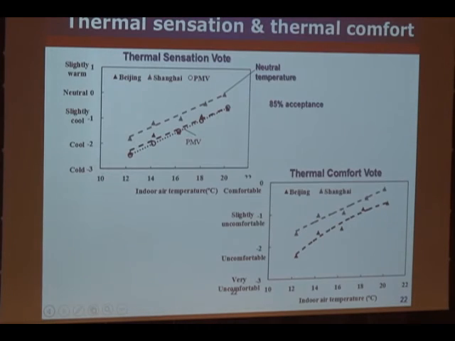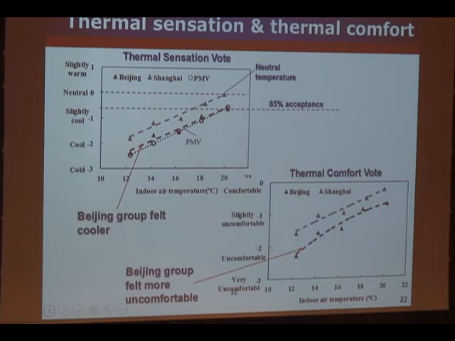But the result shows the TSV vote, the Shanghai group, the Beijing group, and PMV. We found that here, the Beijing group felt cooler at the same indoor temperature. The Beijing group felt more uncomfortable.